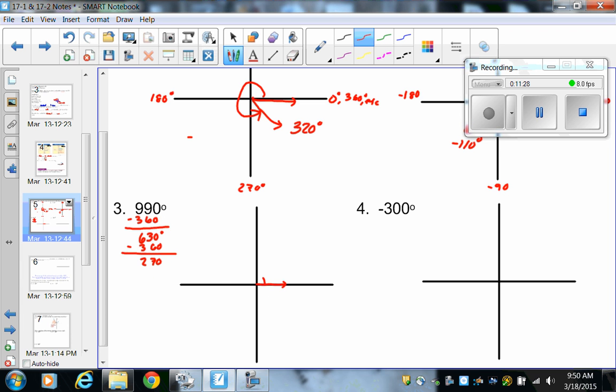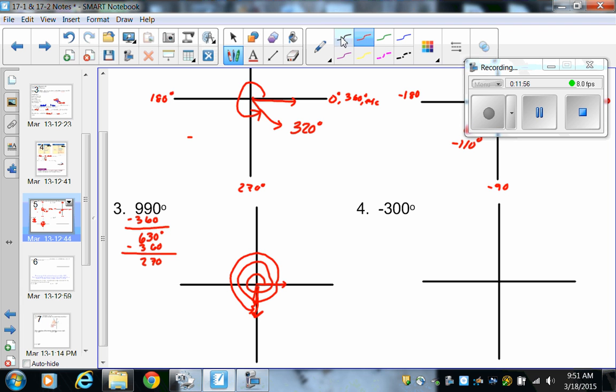So I've gone 1, 2, that's 2 complete right there, and then back to 270 degrees. And that should be right there on that y-axis.